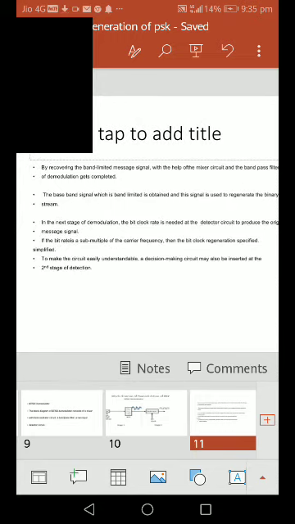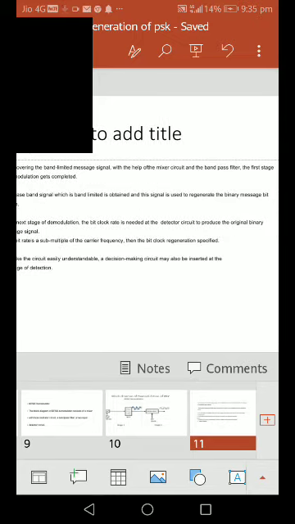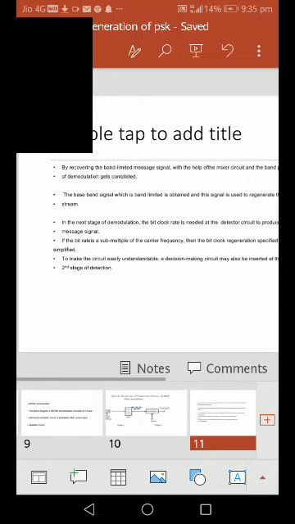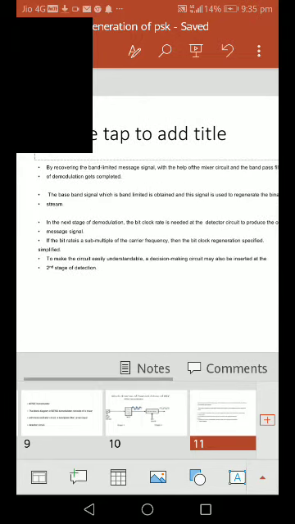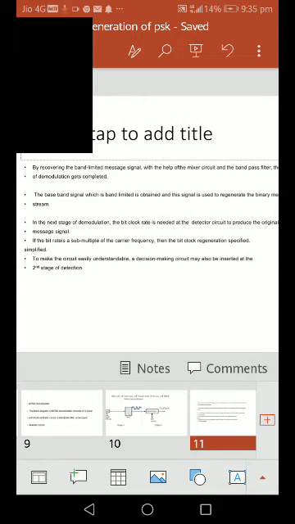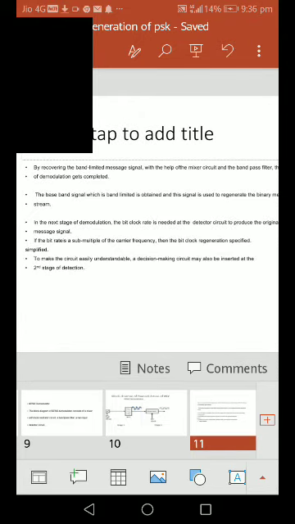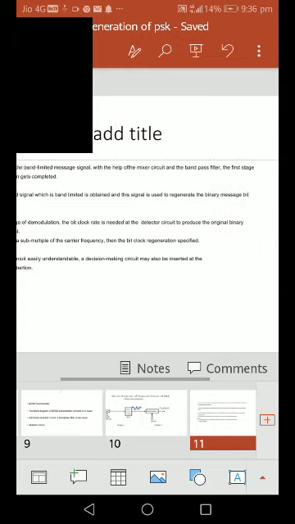In the next stage, the bit clock rate is needed at the detector circuit to produce the original binary message signal. If the bit rate is a submultiple of the carrier frequency, then the bit clock generator is simplified. To make the circuit easier, a decision making circuit may also be inserted at the second stage detection.